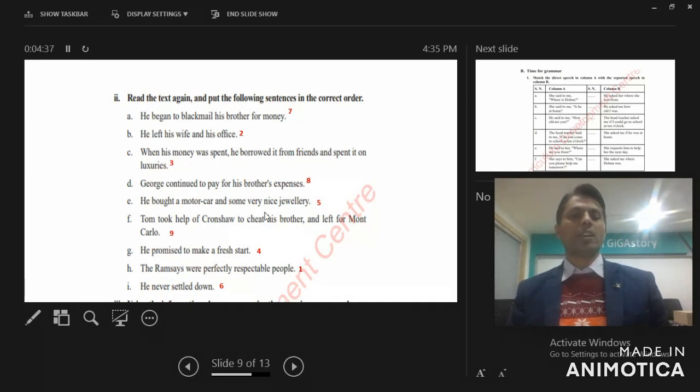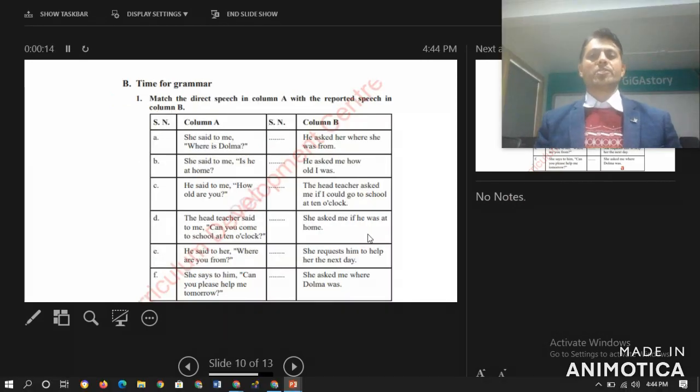Now let's go to the next exercise given in your English book. Number B, time for grammar. Match the direct speech in column A with the reported speech in column B. Look at this table, my dear students.